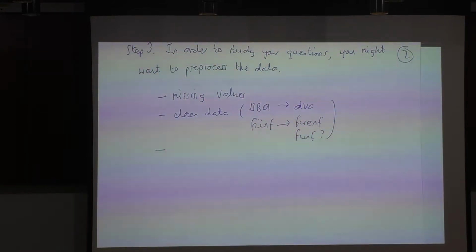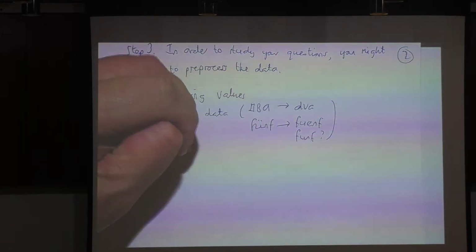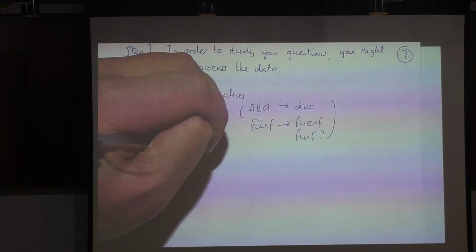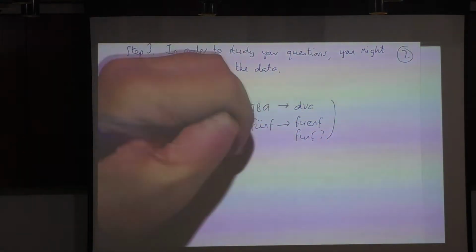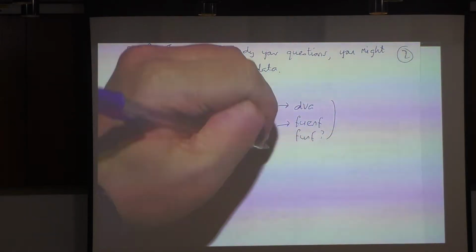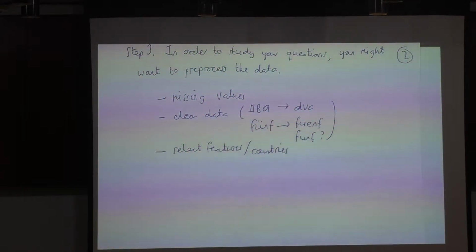Now, luckily here you didn't really need to fill in any missing values or clean any data, but we did have a fairly large data set, and probably it's more useful to choose a subset of features or a subset of countries, rather than using all 158 countries or all 18 variables.